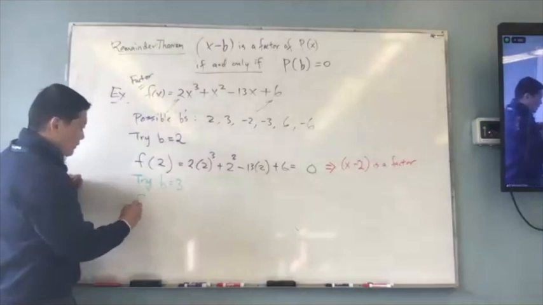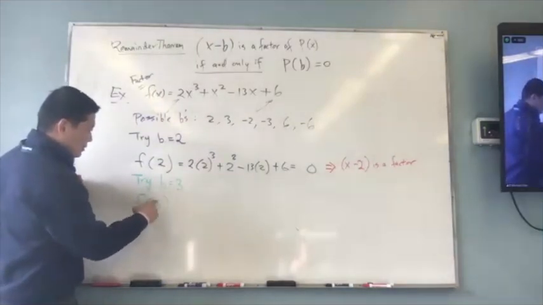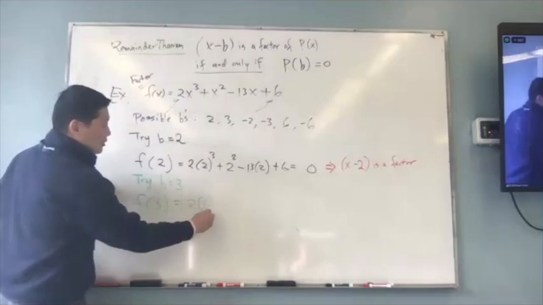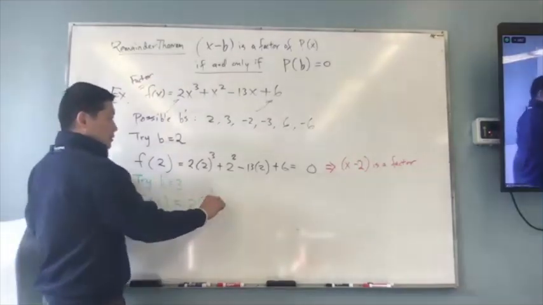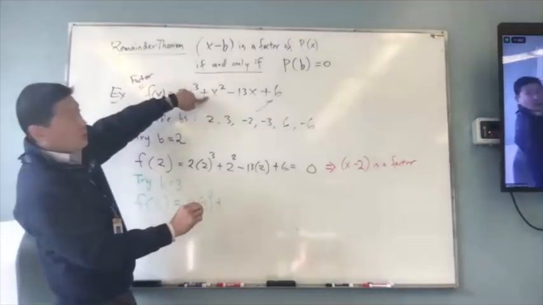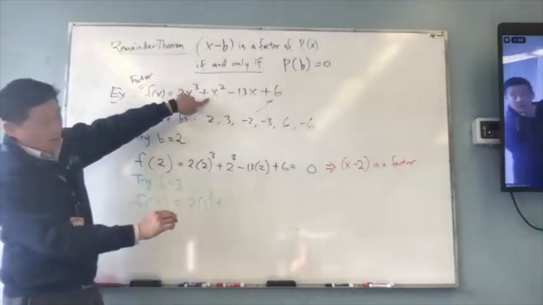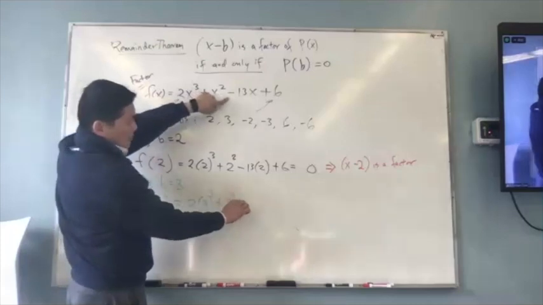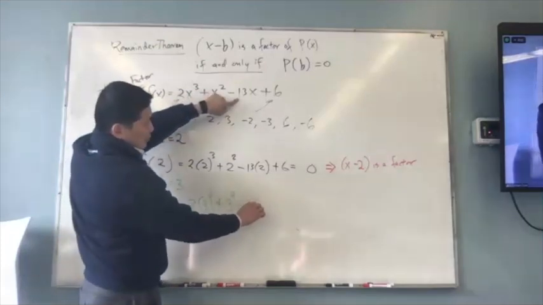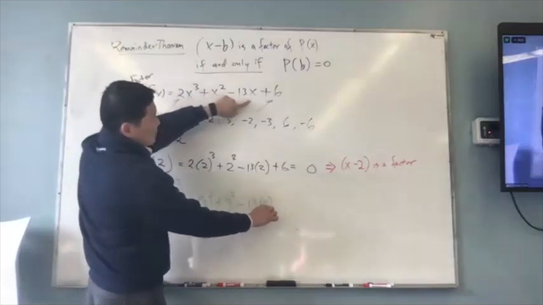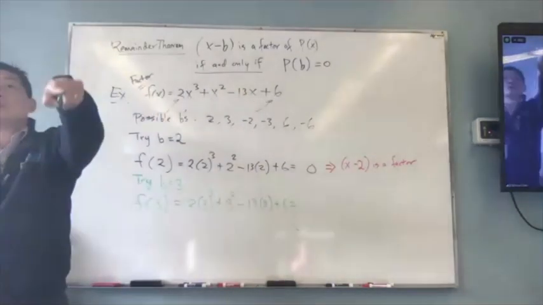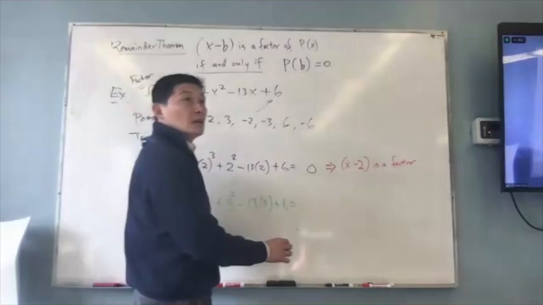So f of 3, let's give it a shot. 2 times 3 to the third power plus, because you use this x, 3 squared minus 13 times 3 plus 6. What do you have? 25. 25? I have 30.